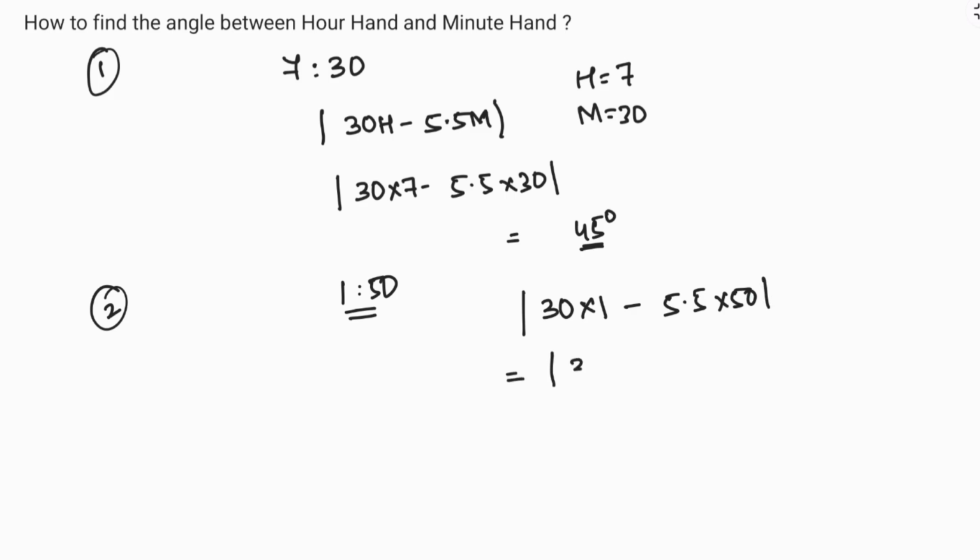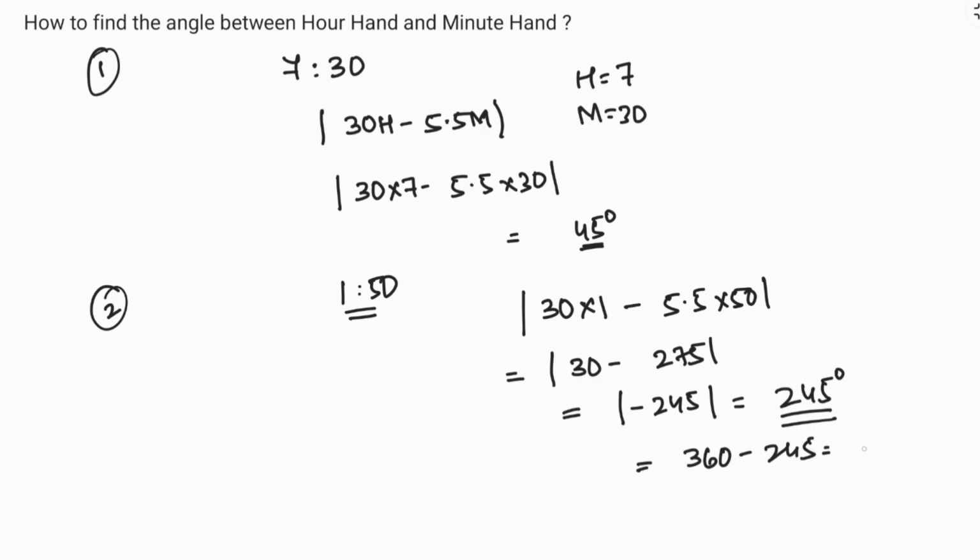It will come as modulus of 30 minus 275, which is minus 245 in the modulus, or we can say 245 degrees. Now we always have to take the smaller angle between the clock hands until and unless it is mentioned. So to find out the smaller angle, we can just subtract the value from 360. So we'll get the value as 115 degrees.